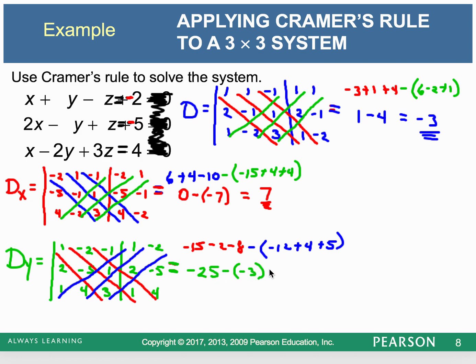So negative 25 plus 3 is negative 22. Okay. And then we would do d sub z. All right, since I'm running out of room here, I'm going to erase this. I'm just going to put over here that we have found our d sub x. Okay, d sub x is 7, and d sub y is negative 22.